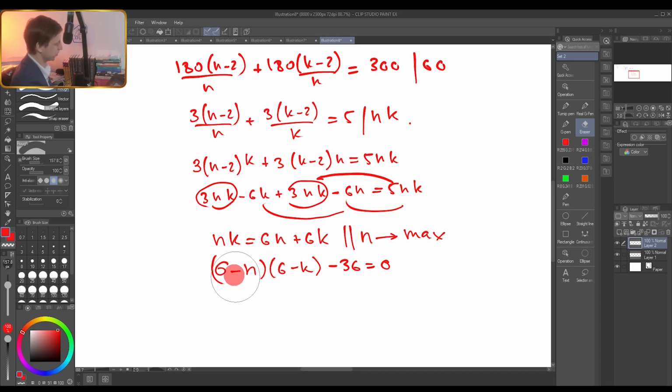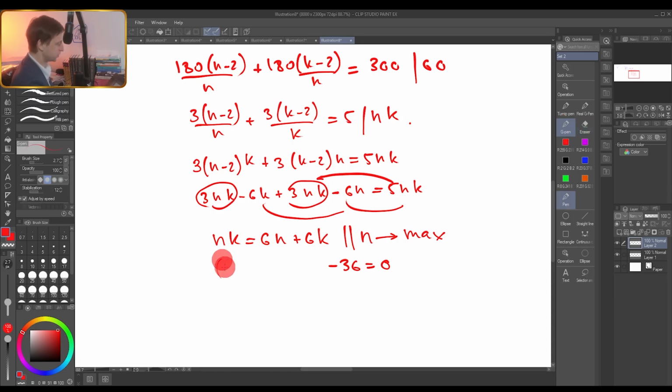The product will not change, but instead I will have n minus 6, not 6 minus n. It's just better because it will be positive. And k minus 6, minus 36 equals 0. So this equation is equivalent to n minus 6 times k minus 6 equals 36.